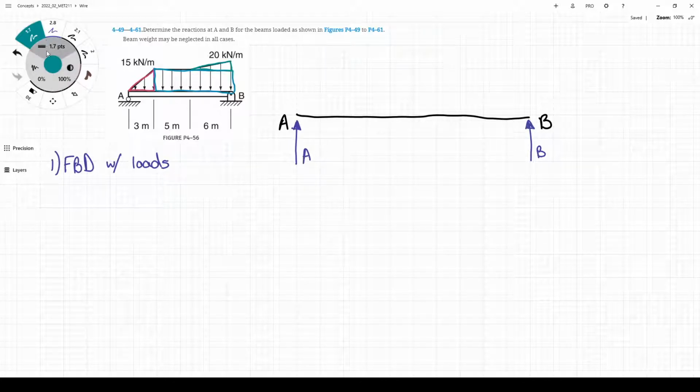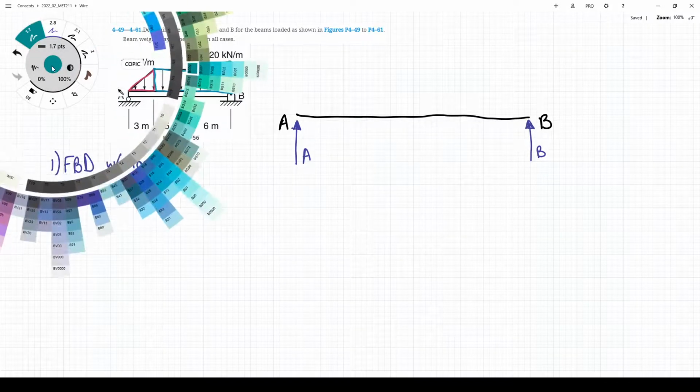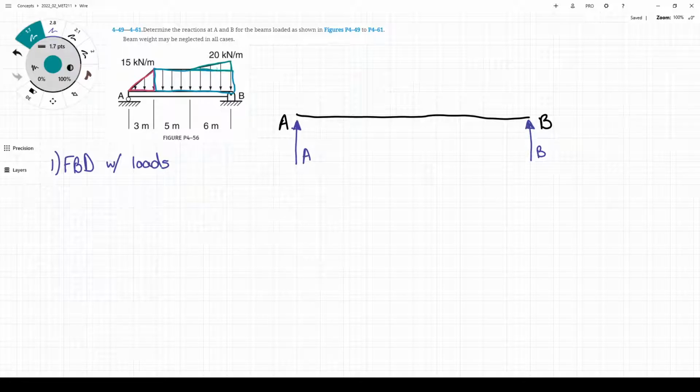To start, we'll do this triangle piece at the top. For the equivalent load of a distributed load triangle, we'll call this F3. F3 is equal to 1/2 of the base of that triangle times the height of that triangle.